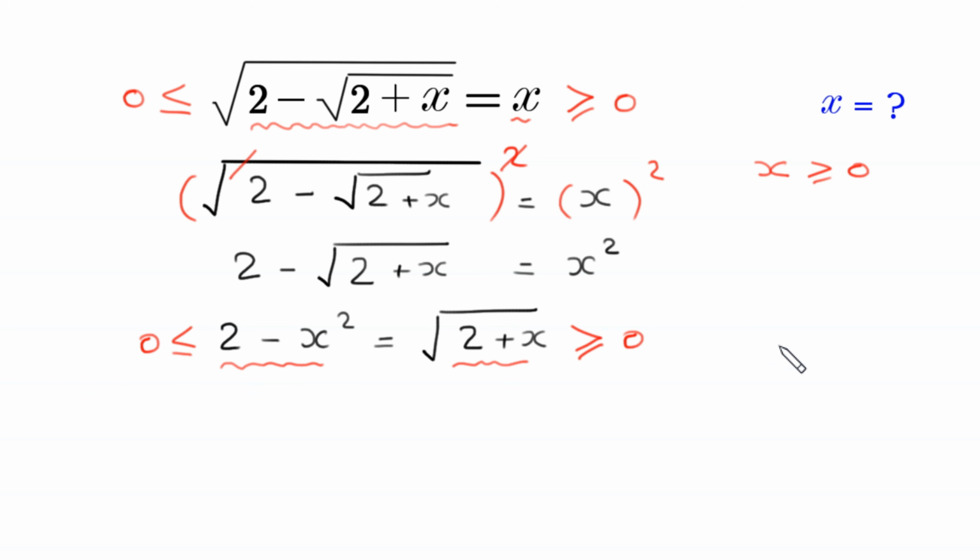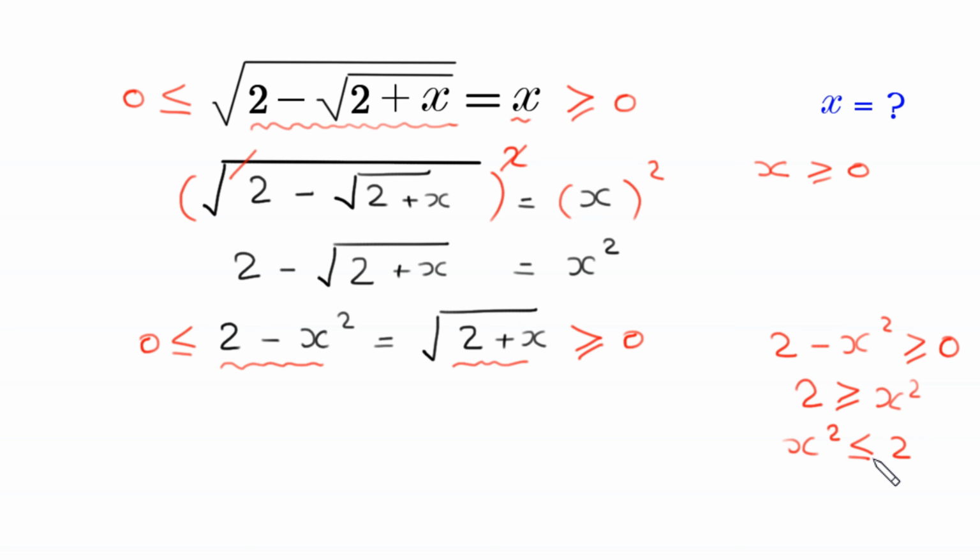If you move this negative x squared to the right hand side, then 2 must be greater than or equal to x squared. It means x squared must be less than or equal to 2.